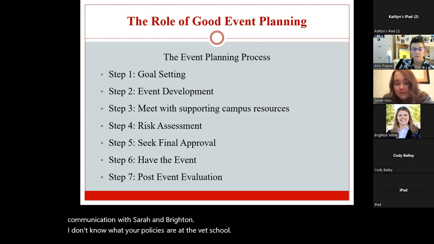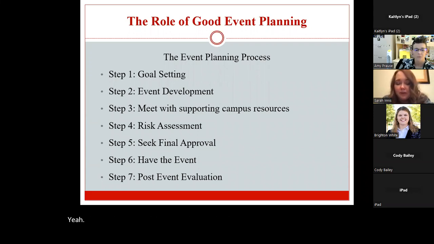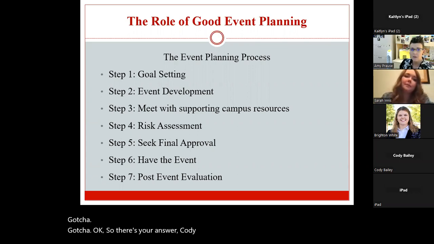Yeah, they would definitely be in contact with us, and then we would work with our dean to communicate with those students about the risks that come with that. But policy-wise, we follow the student handbook. Gotcha. So there's your answer, Cody: if that happens, you'd be reaching out to Sarah for sure.